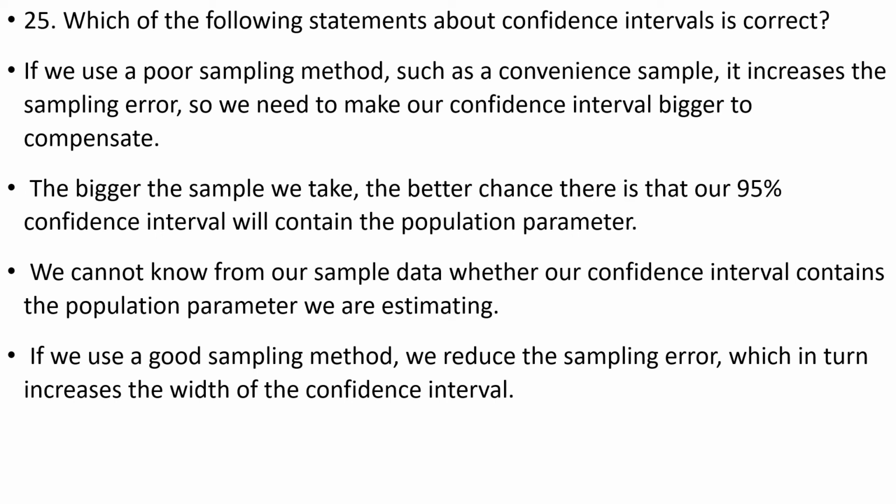We cannot know from our sample data whether our confidence interval contains the population parameter we are estimating. If we use a good sampling method, we reduce the sampling error, which in turn increases the width of the confidence interval. So which of the following statements about confidence intervals is correct?